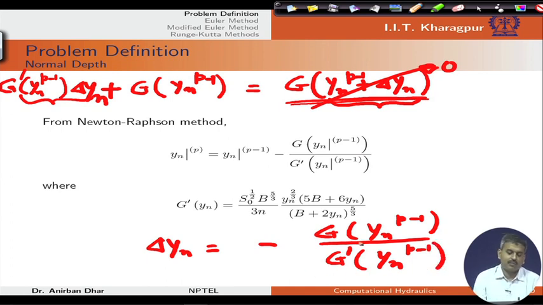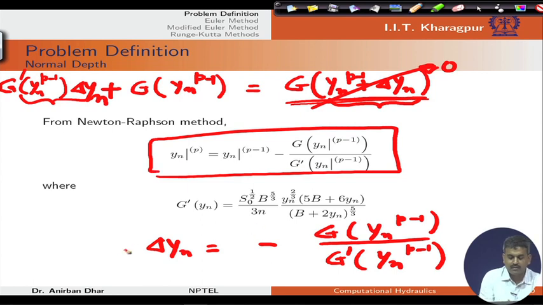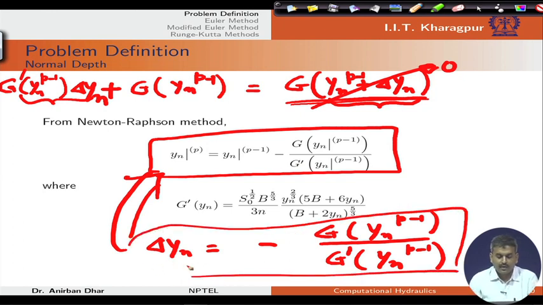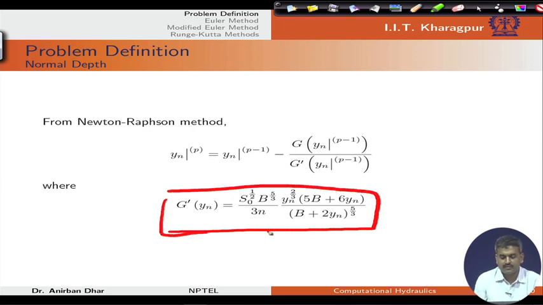g prime is nothing but the derivative of this function g with respect to y n. Now, we can write this one as this equation. So, this is nothing but the expanded form of our derived case, and in case of rectangular channels this g prime can be calculated like this.